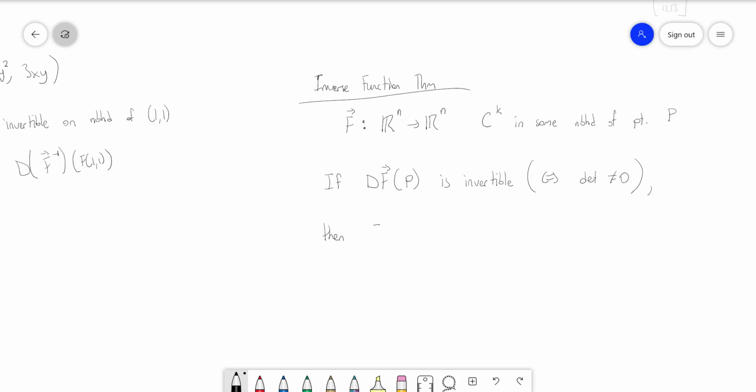Then the function f will also be invertible in some neighborhood of this point P. And not only that, the inverse of f will be C^k as well if the original f was C^k.